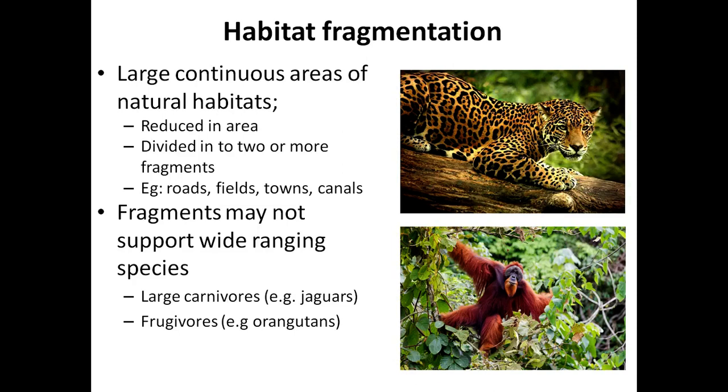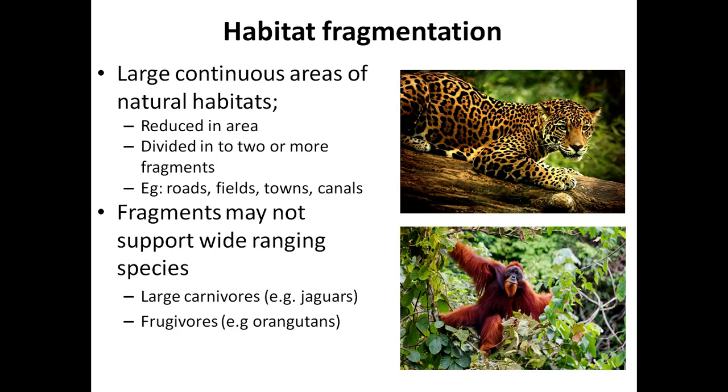We define habitat fragmentation as the reduction of large continuous areas of natural habitat into two or more parcels or fragments. And a road could do this, a new town or a dam across a river. So these are all ways that we fragment habitats.